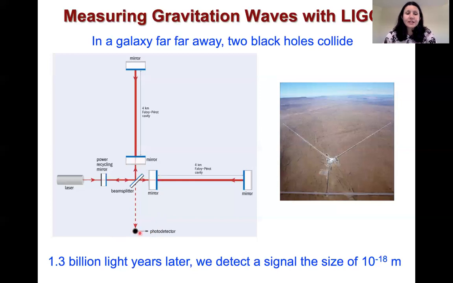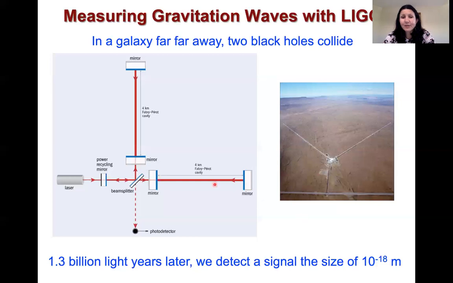It sounds like a pretty neat experiment, but what makes it really impressive is that the signal these gravitational waves create is really, really small. If you look down here on my slide, it says the size of this signal that they detected was of the order of 10 to the minus 18 meters.